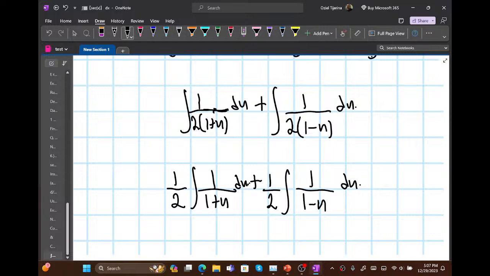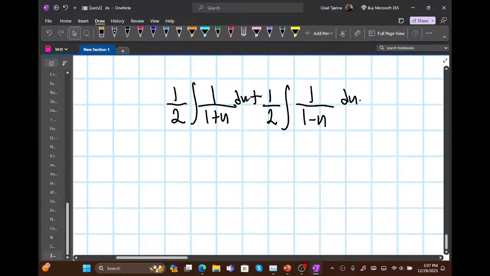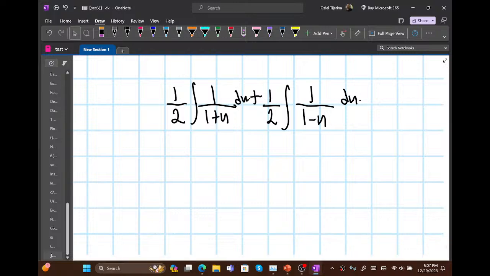There's a reason why I'm doing it this way, guys, and it is because the one where I have to do the integral of 1 minus u, I have to be careful with that. Give me a second.